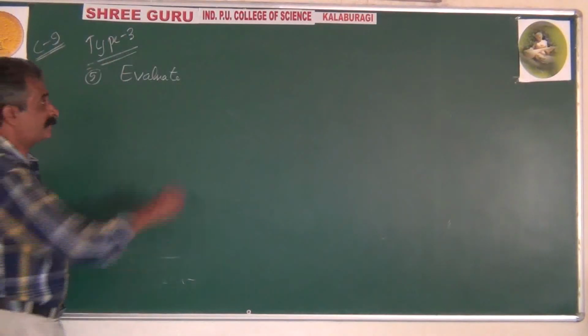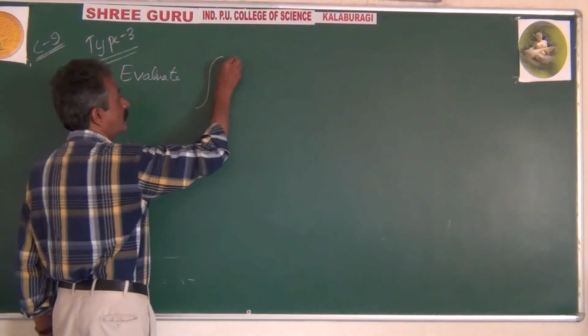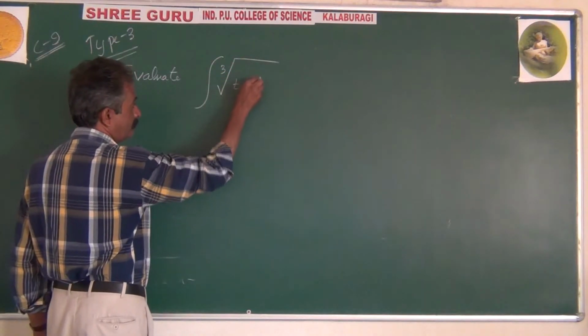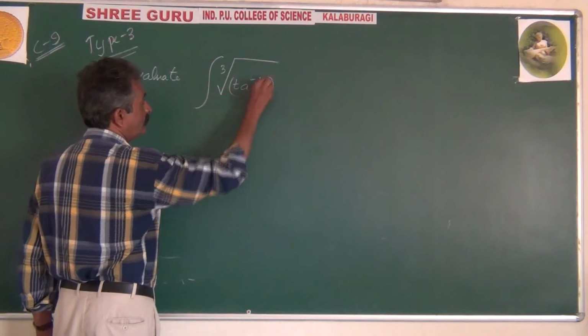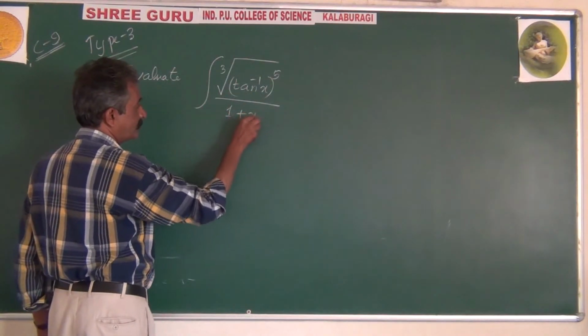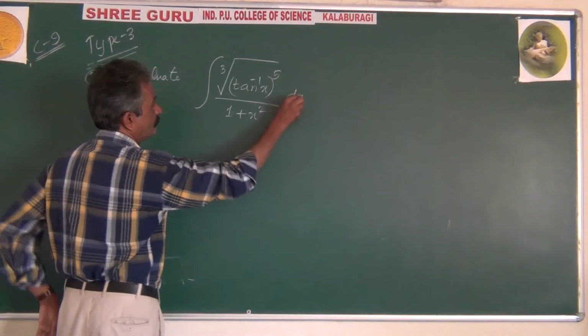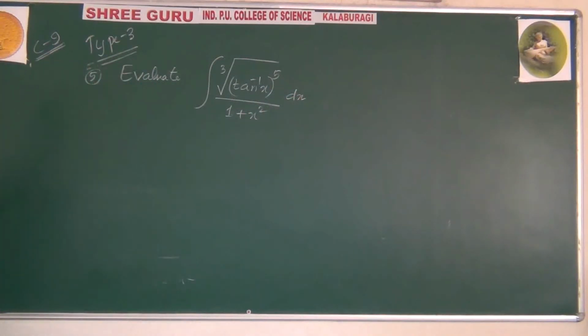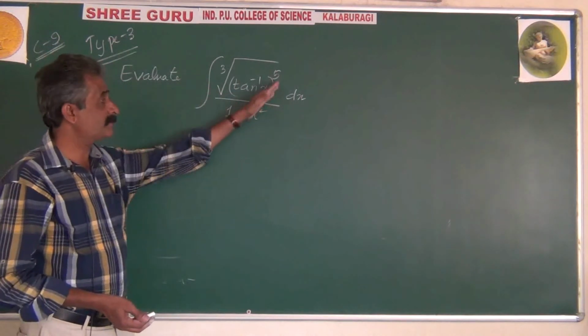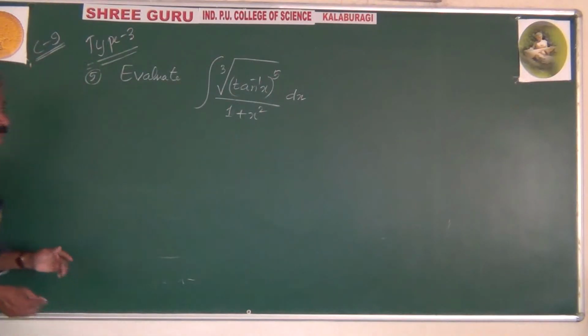Evaluate the integration of the cube root of (tan inverse x) power 5 divided by 1 plus x square dx. You can expect substitution easily for which function? Tan inverse x, because there is the presence of 1 by 1 plus x square.